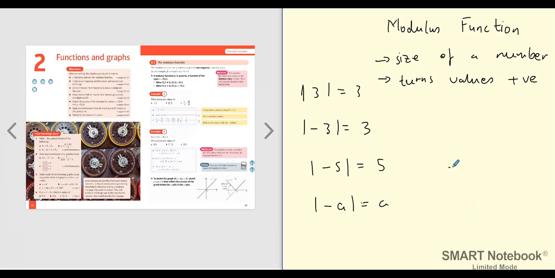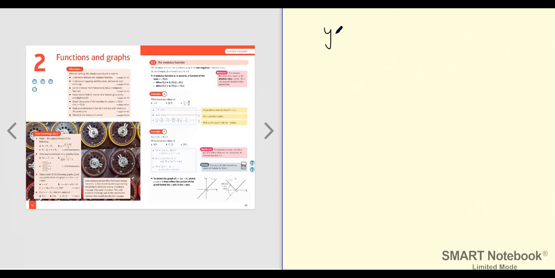So let's have a look at something. y equals x minus 3. We can sketch that relatively easily on a pair of axes. You have got something that looks like this. This is -3, this is x, this is y. What's the x-intercept, please?